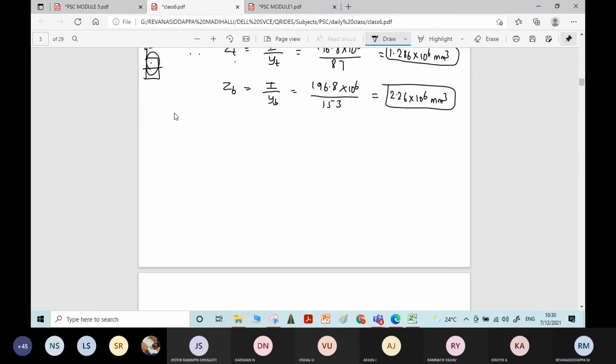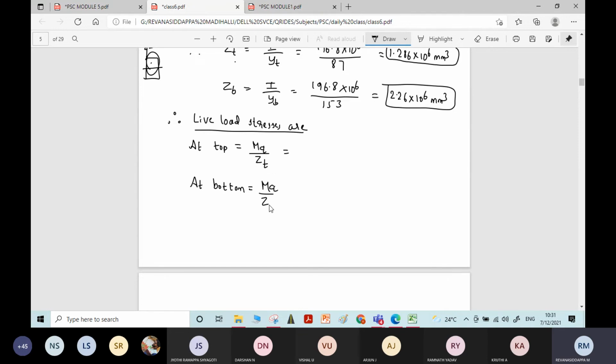Therefore, live load stresses at top will be MQ by ZT, and at bottom MQ by ZB.